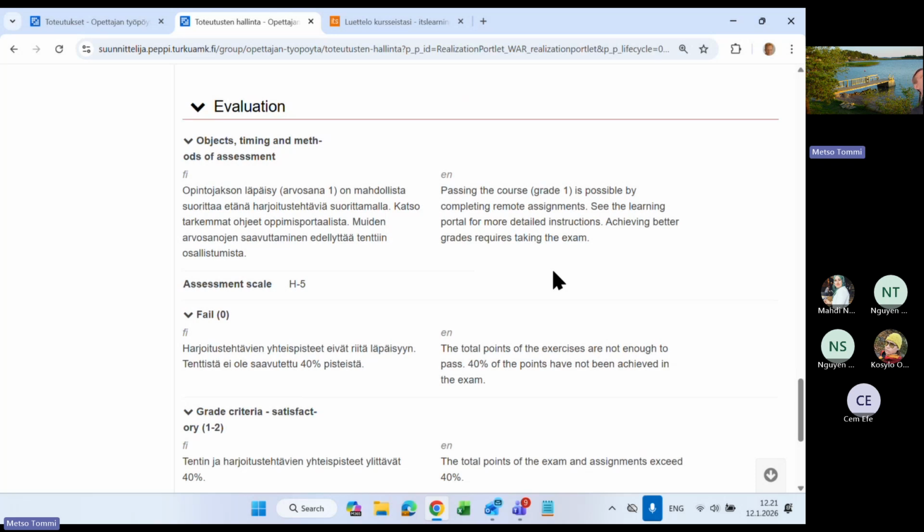Now I think there are something like 14 exercises, and you can pass the course by uploading your exercises, and if they are correctly solved, you get the points.